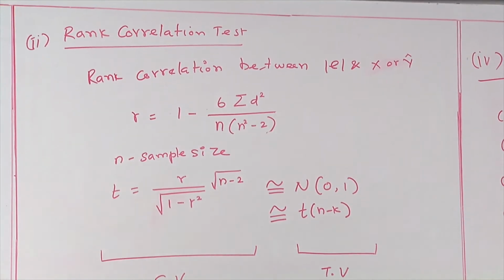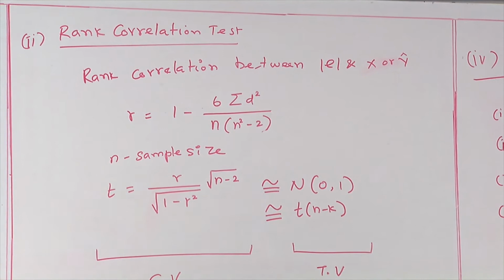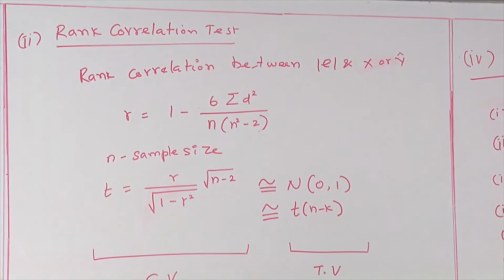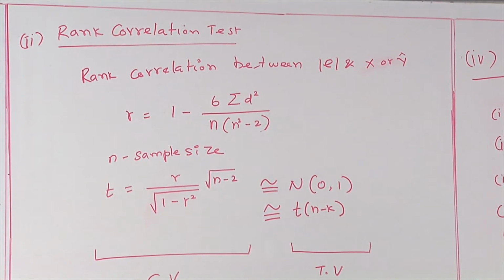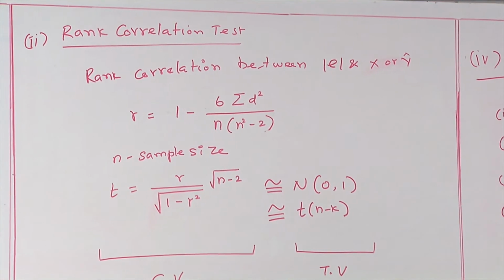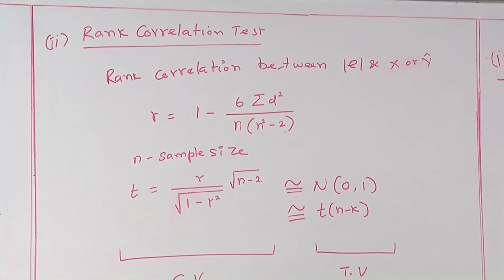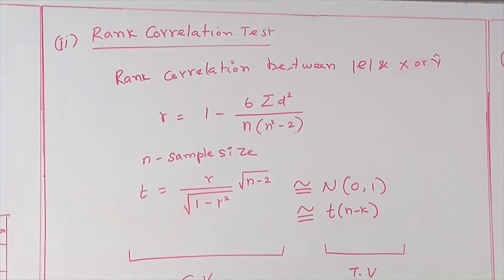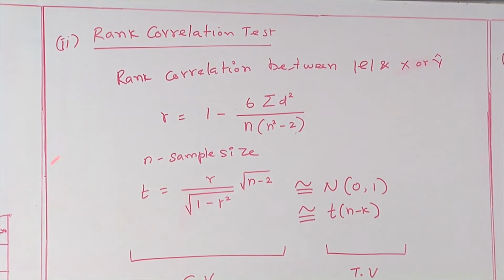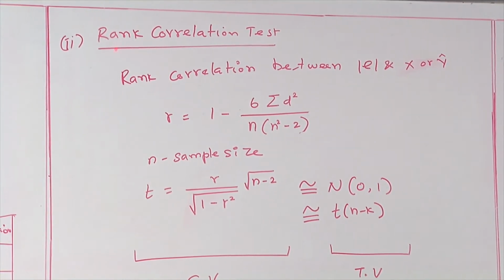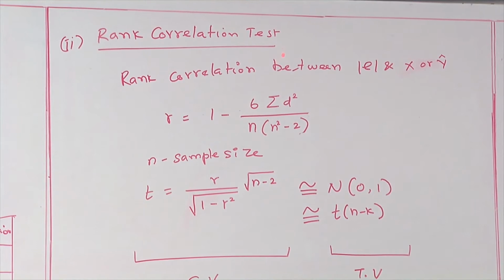The graphical tests, though they may look very simple and nice, the statistical tests are very essential to confirm the presence of the heteroscedasticity problem. In this case, the second test is the rank correlation test.